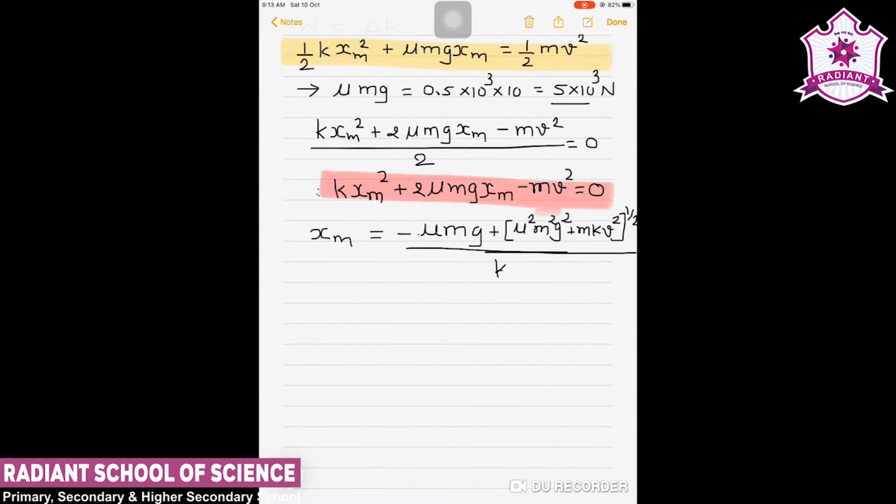So this is the equation for xm, where we take the positive square root since xm is positive. Putting in the numerical values, we obtain xm equals 1.35 meters. So this is the xm that we obtain.